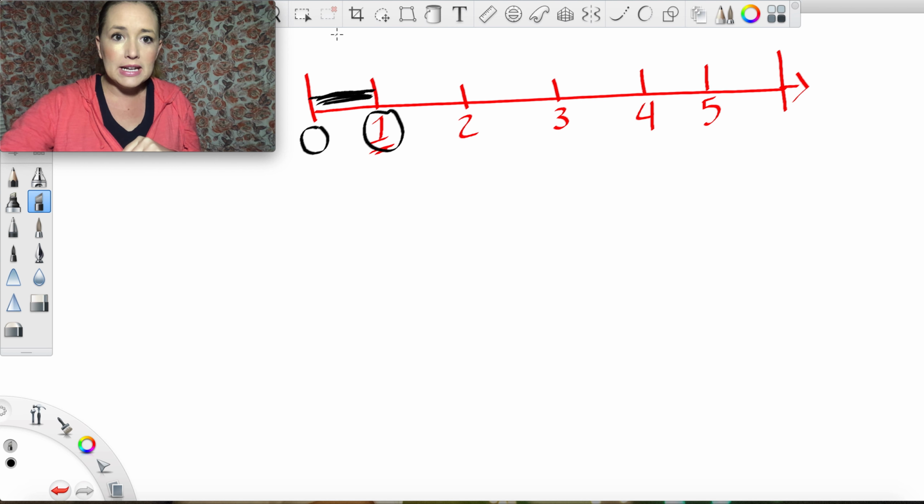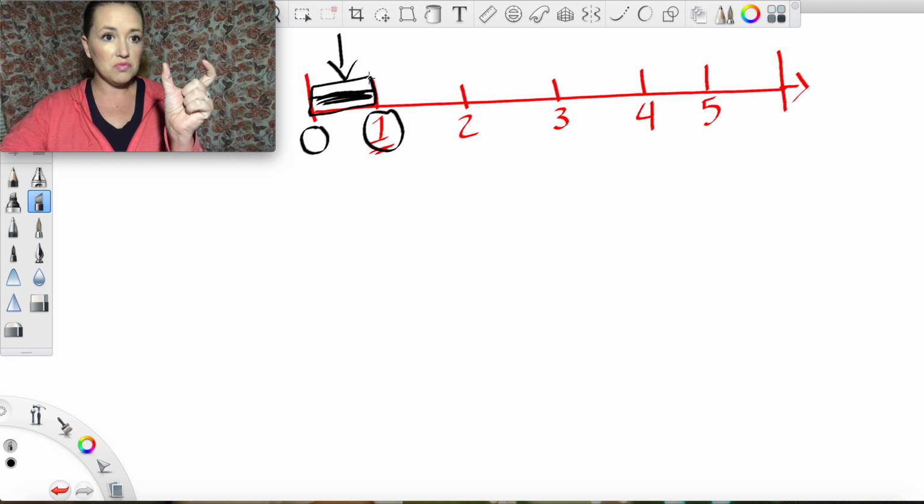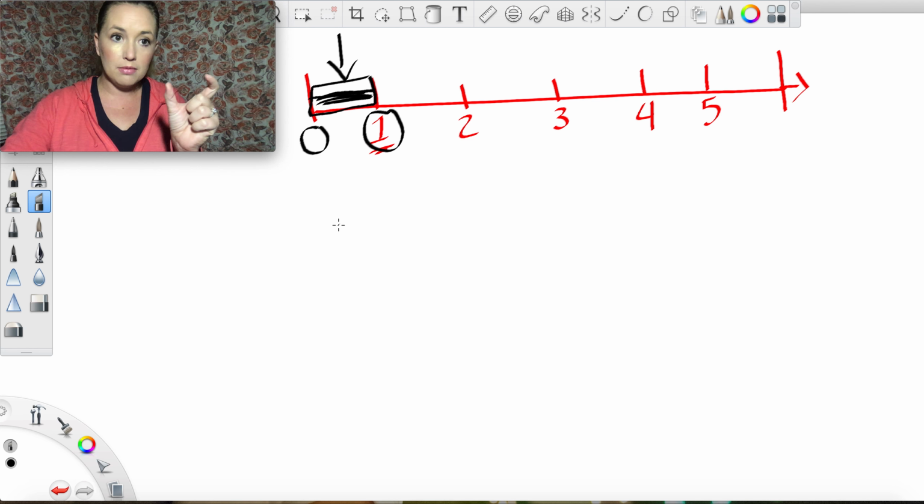So in between here, let's take this rectangle or this area, and let's just make it bigger.